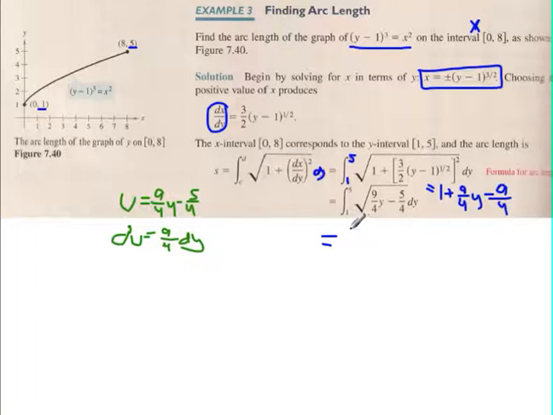So then this guy becomes 4/9 integral root u du. So then this guy becomes 4/9, root u becomes 2/3, oh, let's make that nicer.